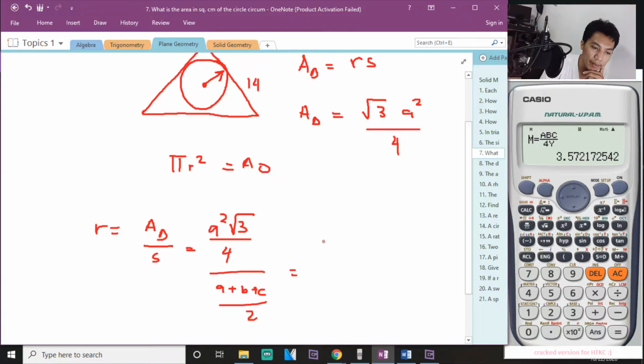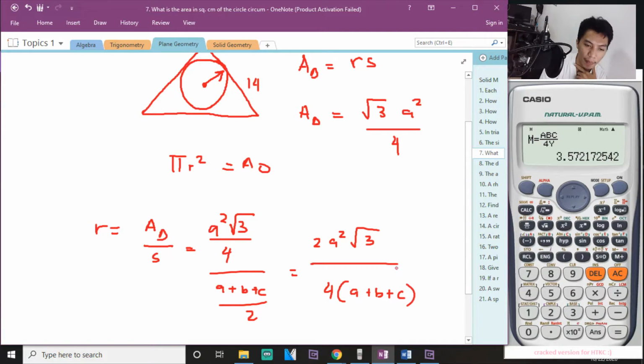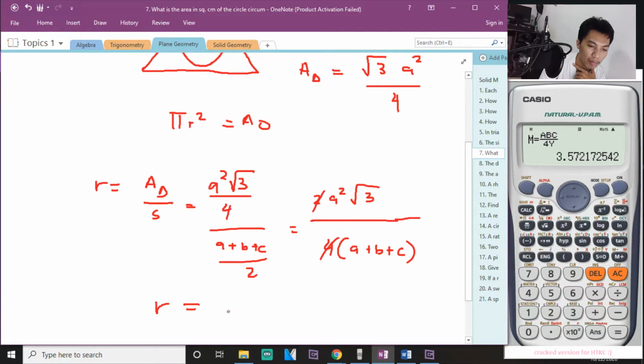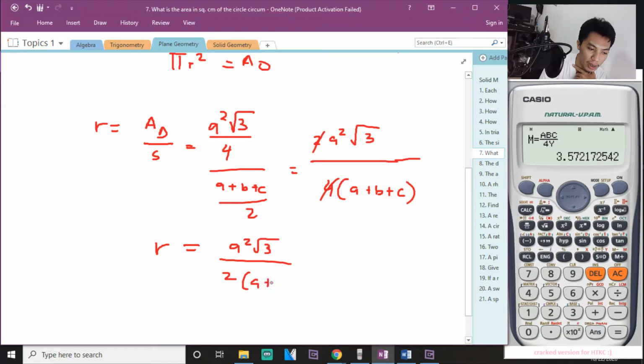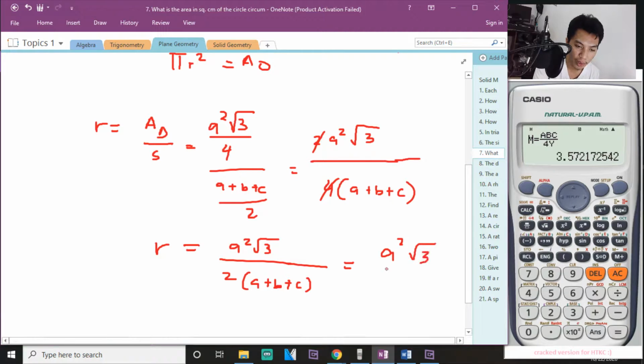Simplifying, 2 a squared square root of 3 over 4 multiplied by A plus B plus C. Cancel natin to. So, this will be R is a squared square root of 3 over 2 times the sum ng side, A plus B plus C. Lahat naman to equal. So, ABC is equal since equilateral yan. So, this will be a squared square root of 3 over 2 times 3a.